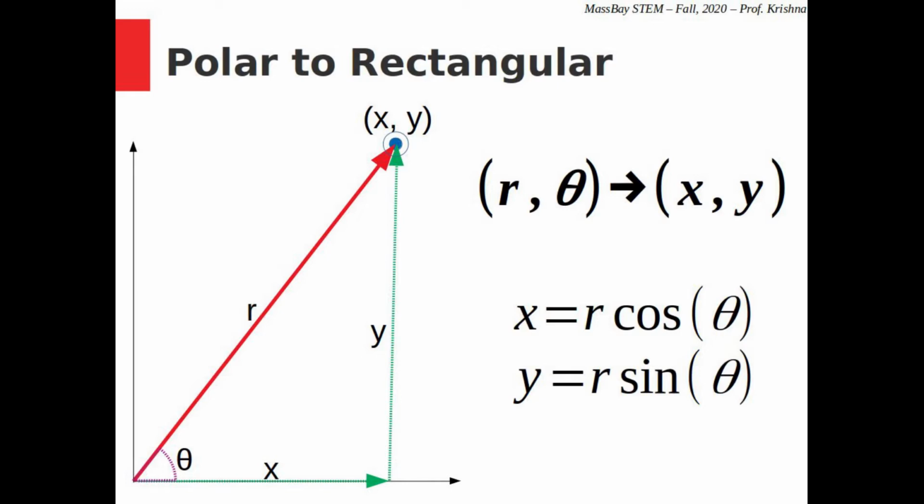First, we always start by drawing the vector. x is equal to r cos theta, and y is equal to r sin theta. These are the formulas required to convert a vector from polar notation to rectangular.